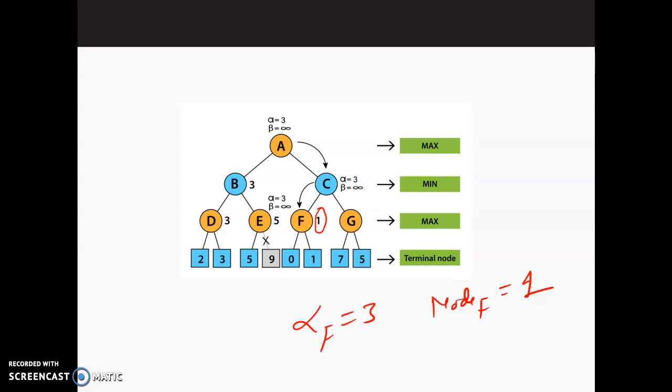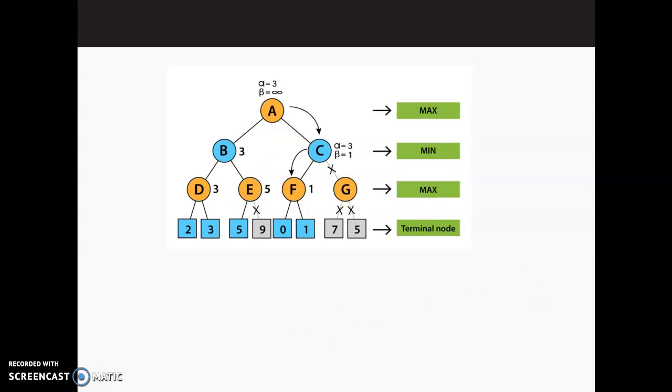Now what will happen at this stage? It will transfer the value to C. Now we will determine the value of alpha and beta for C. This is for min, so we will only determine the value of beta, because the alpha value at node C is 3, and beta value will get updated.